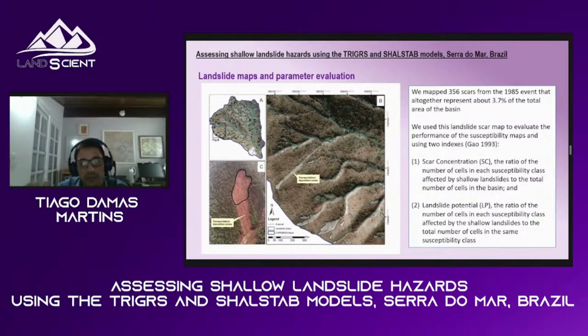In simple words, if you paint all the watershed in red and say that's unstable, we can assume easily that inside the landslide scar will be red as well. So the idea is to somehow balance this evaluation from the scar concentration to the landslide potential, being the ratio of the number of cells in each susceptibility class affected by the shallow landslides to the total number of cells in the same susceptibility class.